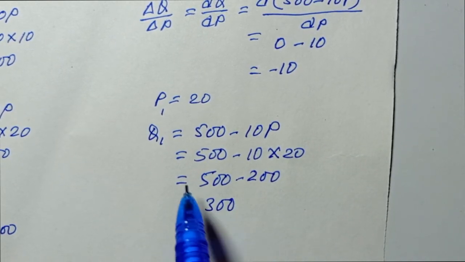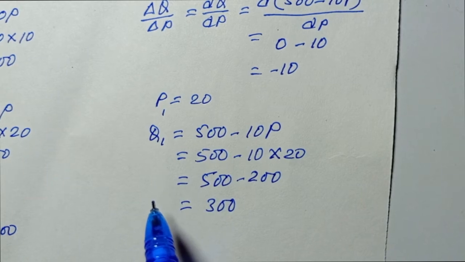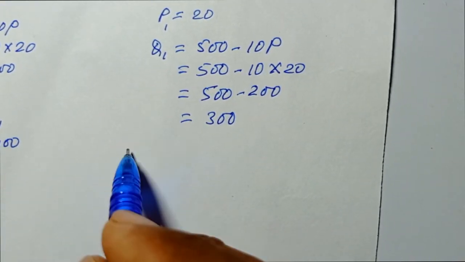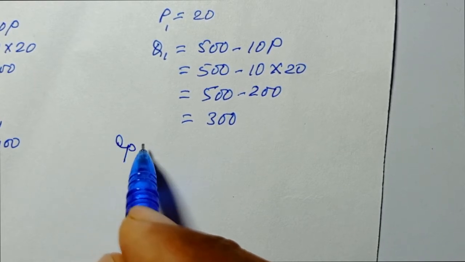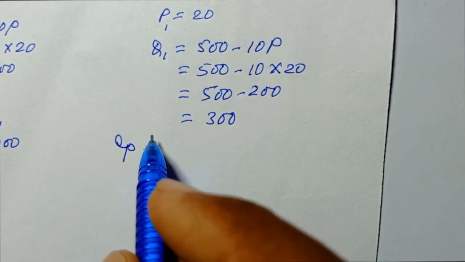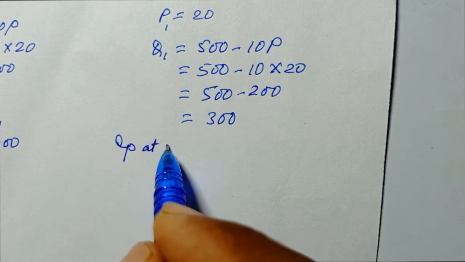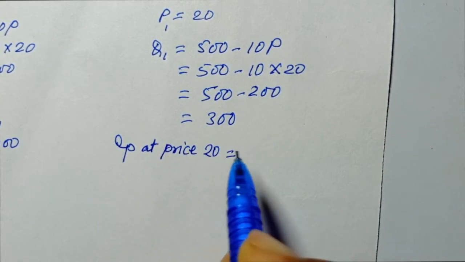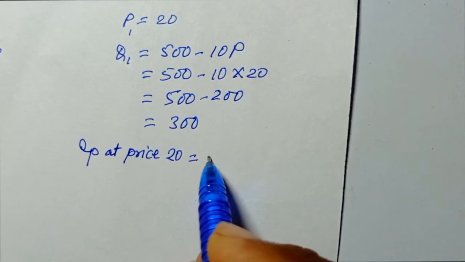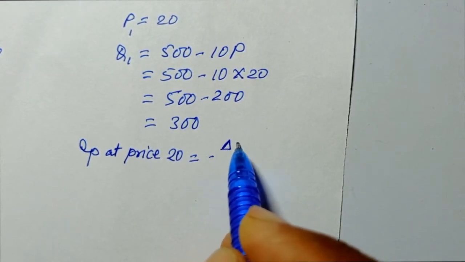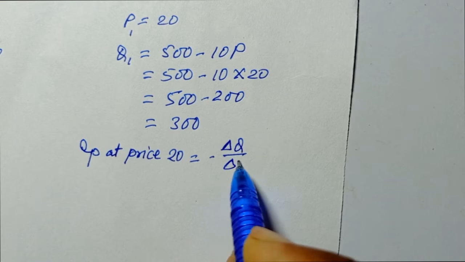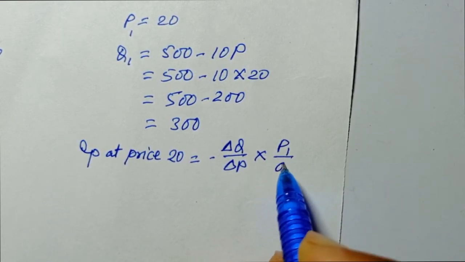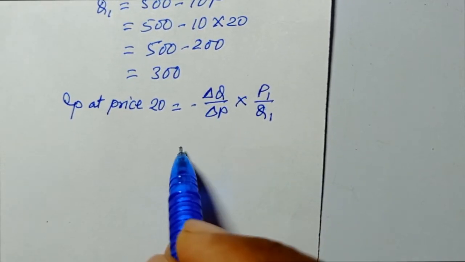This one is the quantity 1, and then you should find out point elasticity Ep at price 20, which is equal to minus del q by del p into initial price by initial quantity.